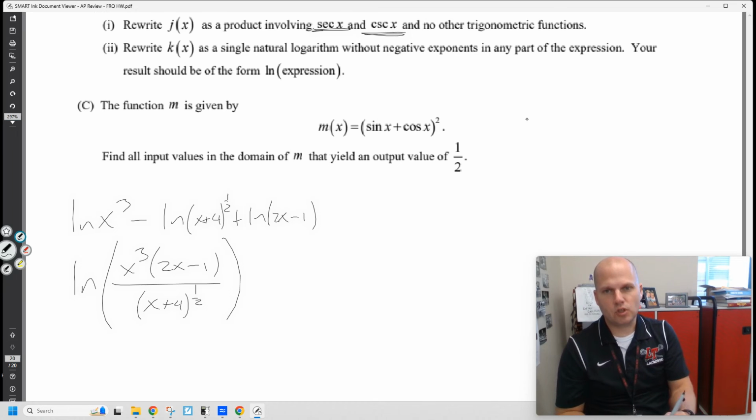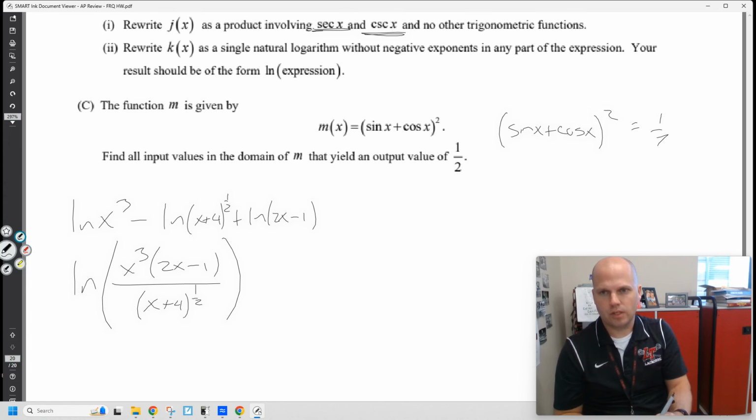Oh, I'm so glad that they are doing this one again. If I were to solve this, I would take the square root of both sides. And when I do, I get plus or minus the square root of 1/2, which is 1 over the square root of 2, which is the square root of 2 over 2.